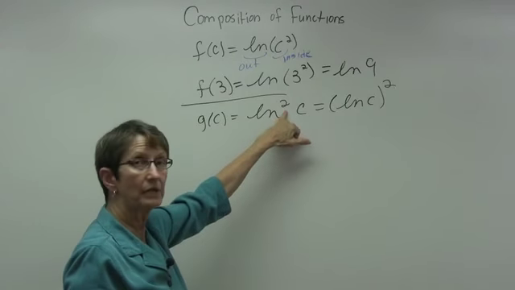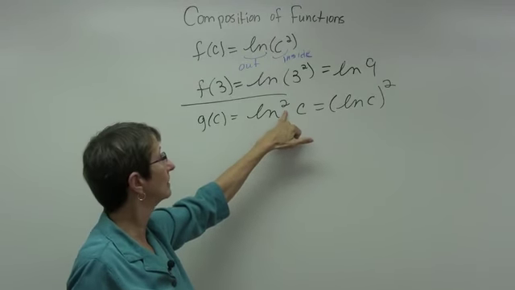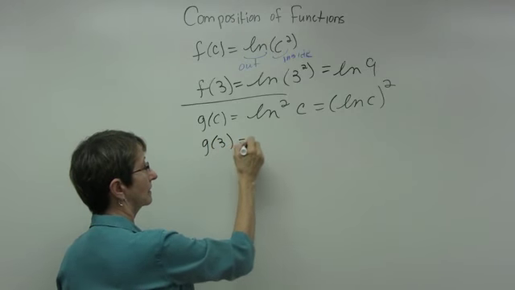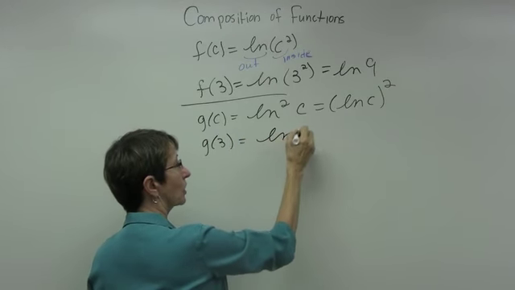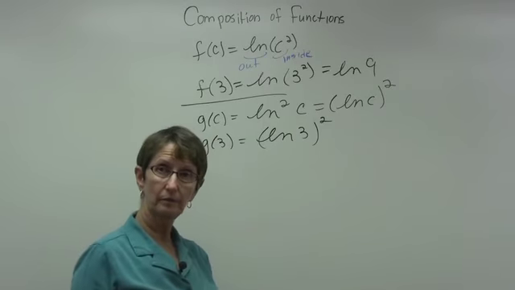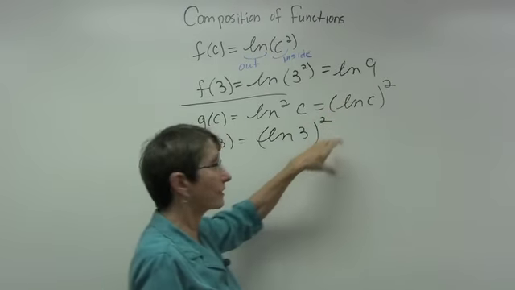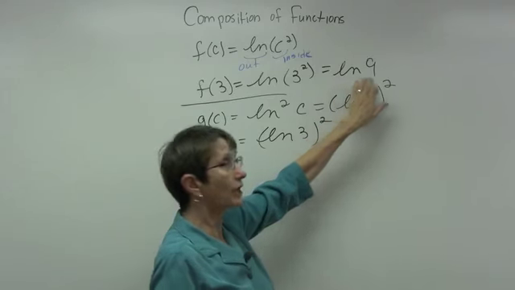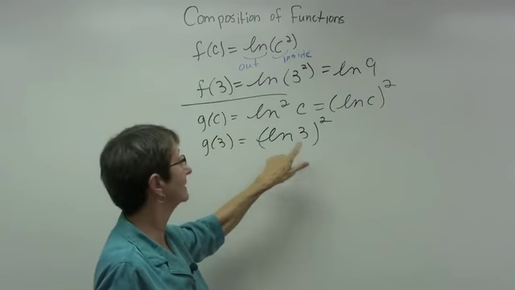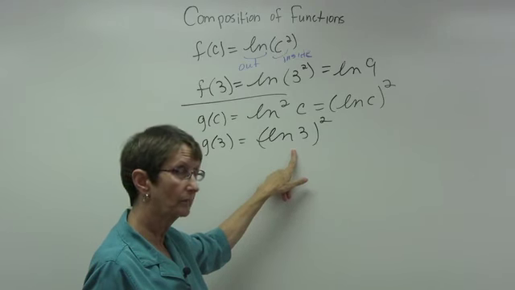This is common notation that you will see a lot of. So if I wanted to find g of 3, that would be the natural log of 3 first and then squared. And if you check these numbers out on a calculator, the natural log of 9 is not at all the natural log of 3 and then square that number.